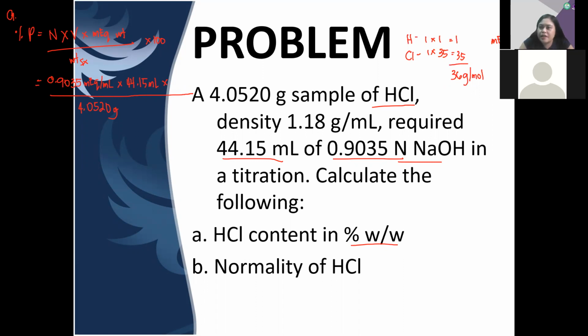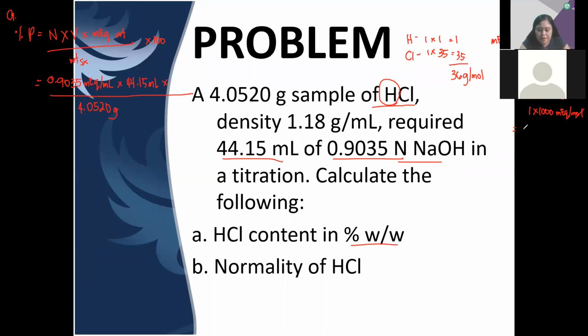So this is 36 grams per mole. And for the F, since this one is an acid, class, you will be just looking at the number of replaceable hydrogen. For hydrochloric acid, you only have one hydrogen here. So this is automatically 1. So this is 1 times 1,000. Our unit here is milli-equivalent per mole. Cancel the mole.